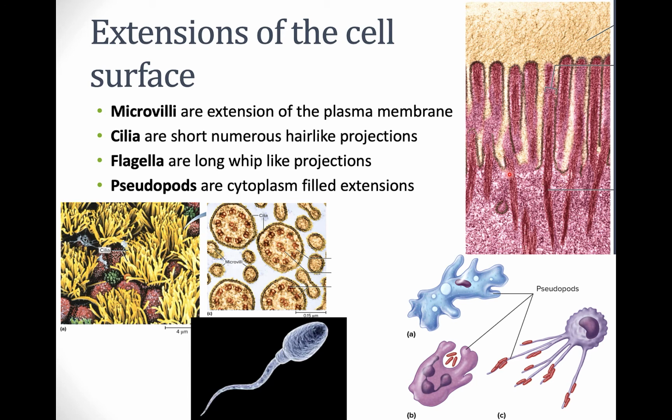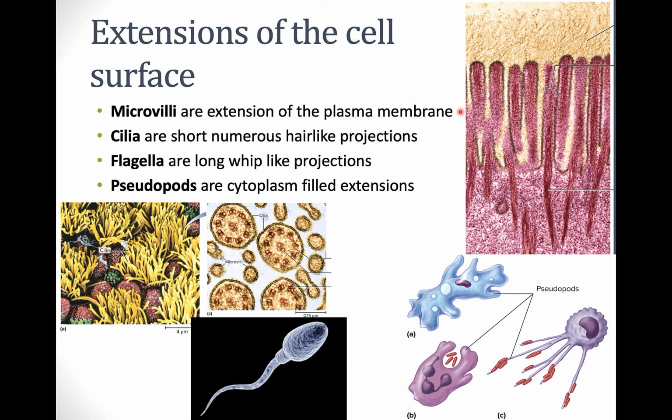The plasma membrane is not always a smooth edge. You saw in the first picture that it was kind of bumpy. So let's talk about some things that come out of the plasma membrane, some extensions. Microvilli. Micro means small. These are short projections. These are microvilli over here on the right, and you can see that they're kind of bumpy. They come up and then down and then up and then down.